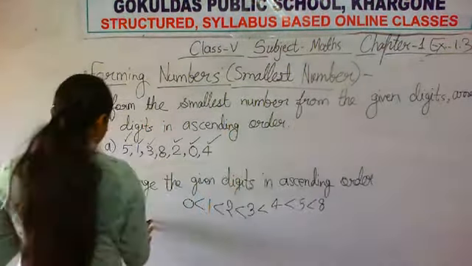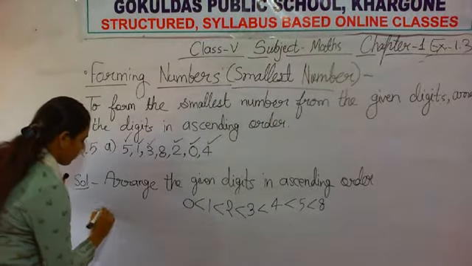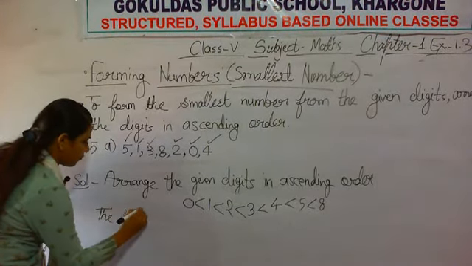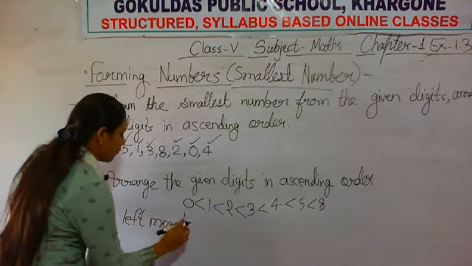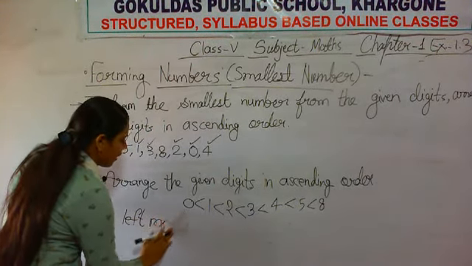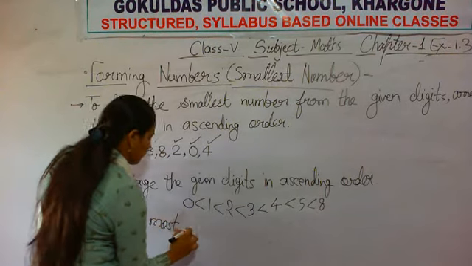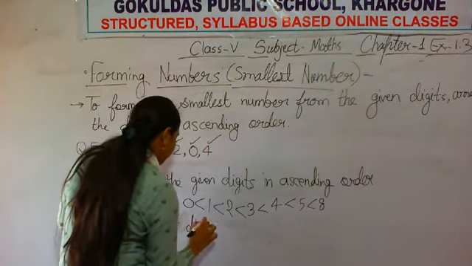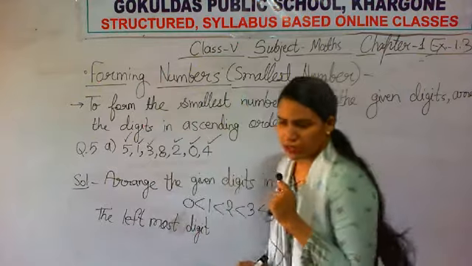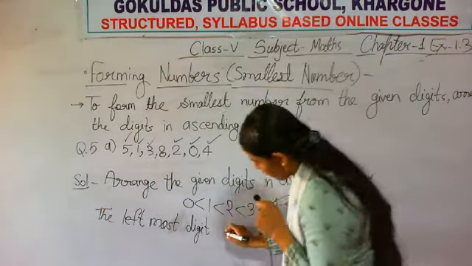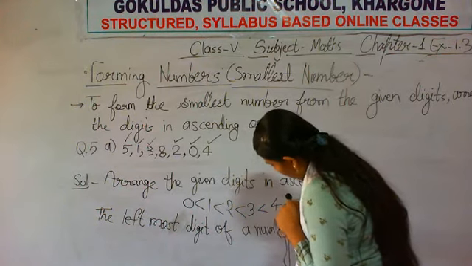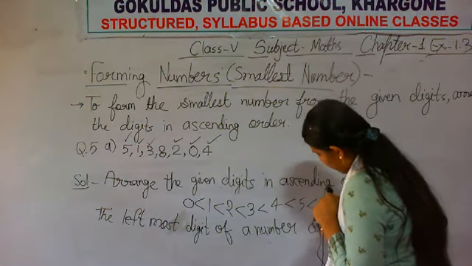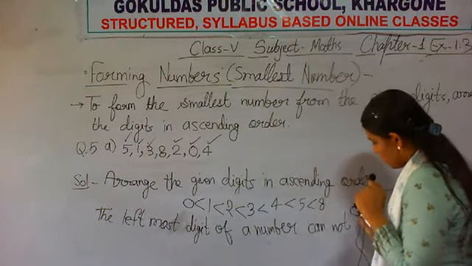The leftmost digit of a number cannot be 0.